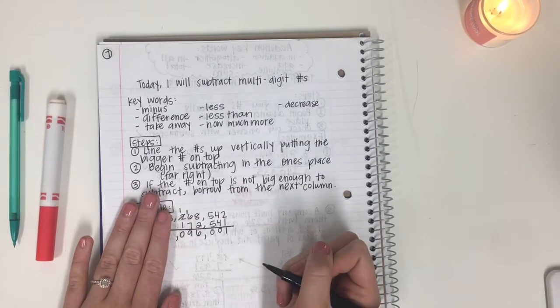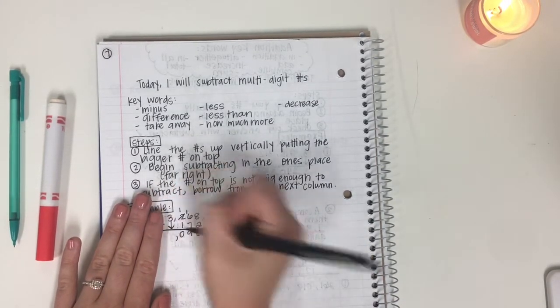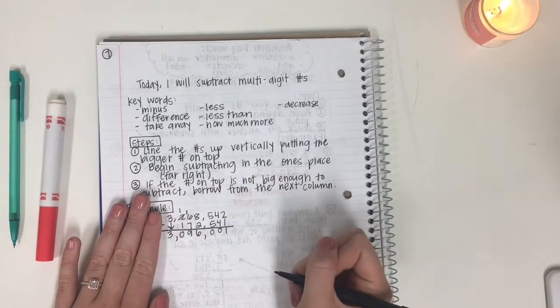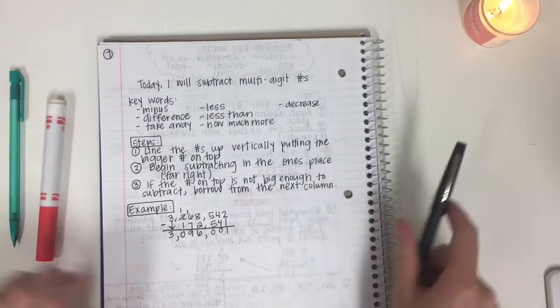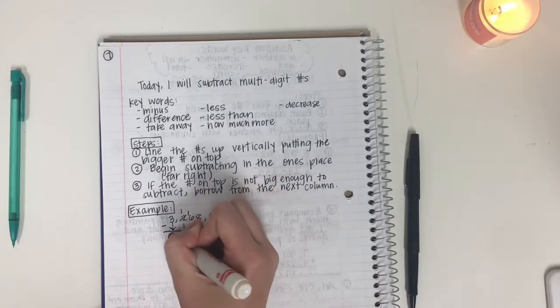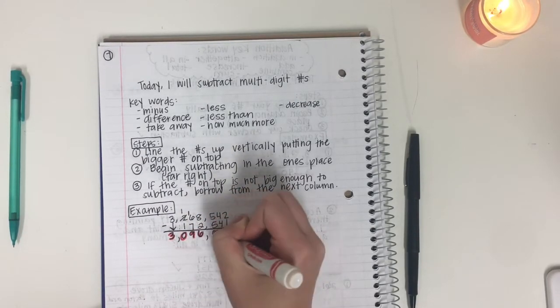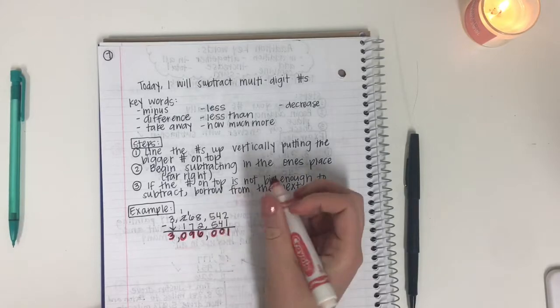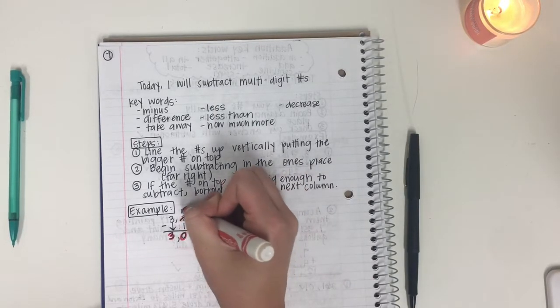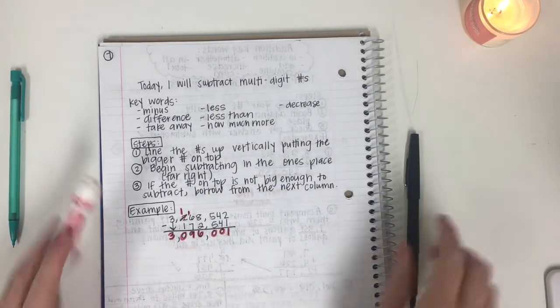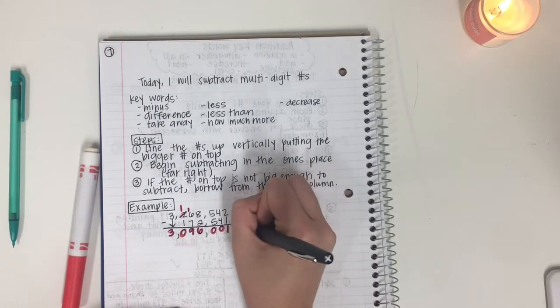Drop my millions place. 3, we know if nothing's there, we just bring the number down. Okay? So here we have 3,096,001. So you can see I borrowed from here, and that's where I got my sum.